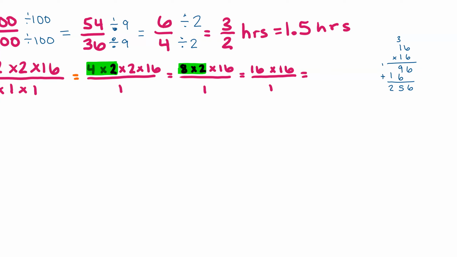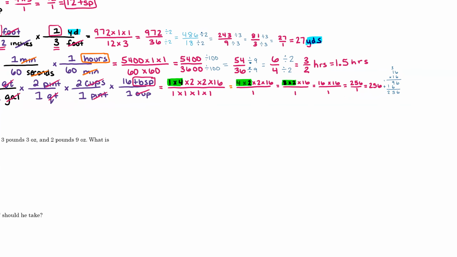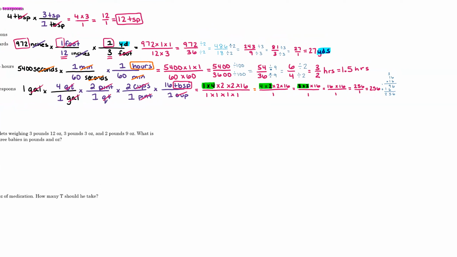So this is equal to 256, technically over 1, which is just 256. So I started all the way back here with 1 gallon, and I ended with 256 tablespoons.